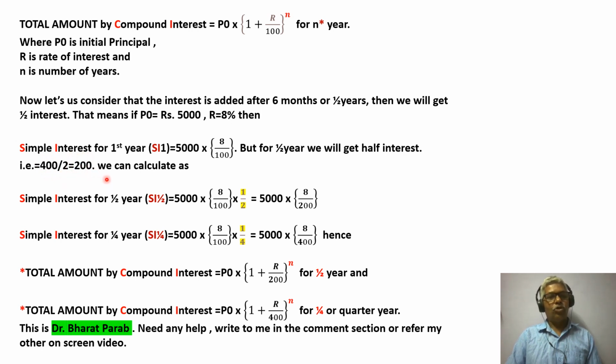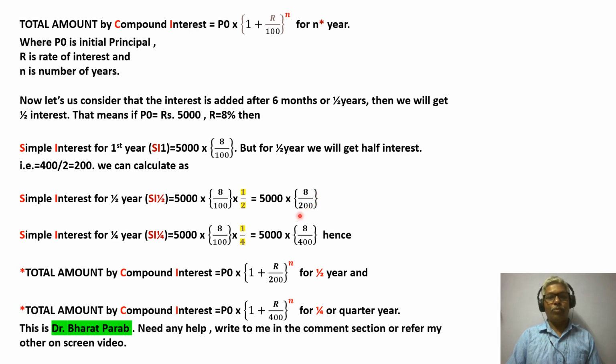So we can write simple interest after half year as SI half equal to 5000 into 8 upon 100 into half, into 1 upon 2. So we take this inside and write the formula as 5000 into 8 upon 200.